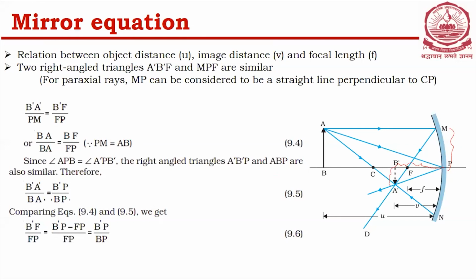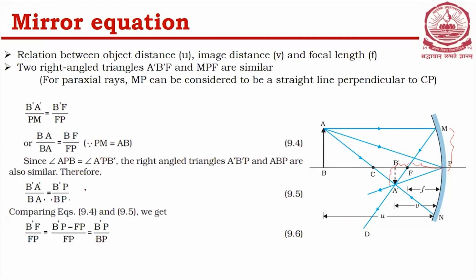Now take the triangle APB and the triangle A dash B dash P. These two triangles are right angled triangles, one with the object and the other with the image. So A dash B dash P and ABP are similar triangles.